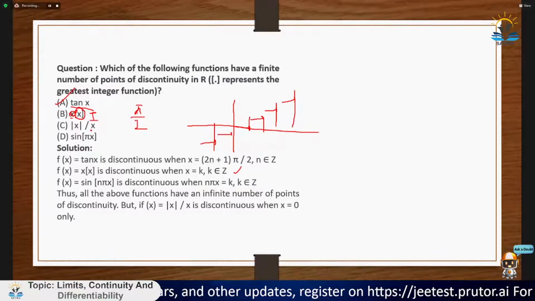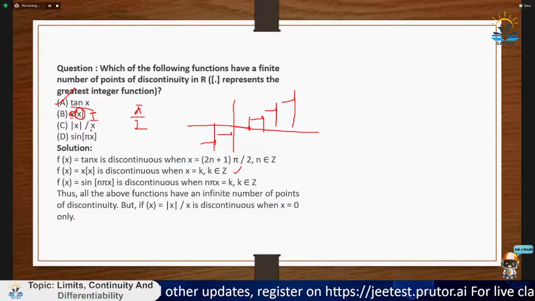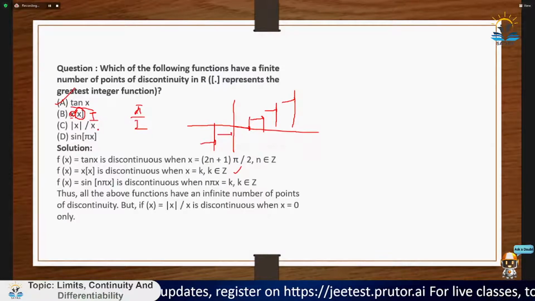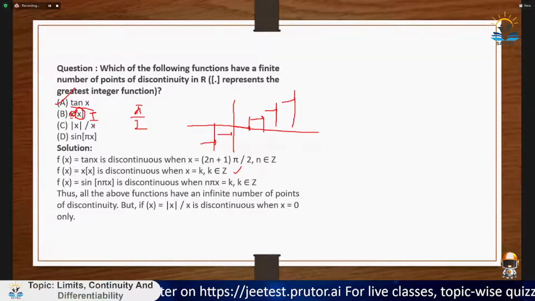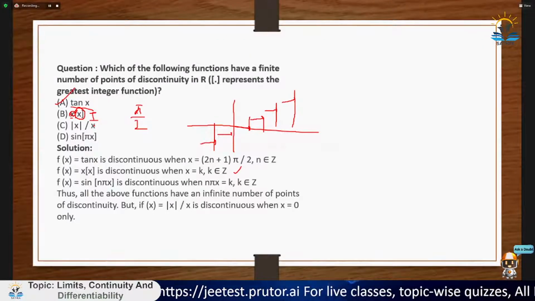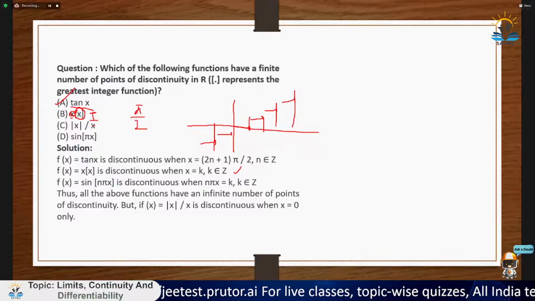Then moving on to mod x by x. Mod x by x is discontinuous when x becomes equal to 0. That is only at one point. At all other points, this function would be continuous.